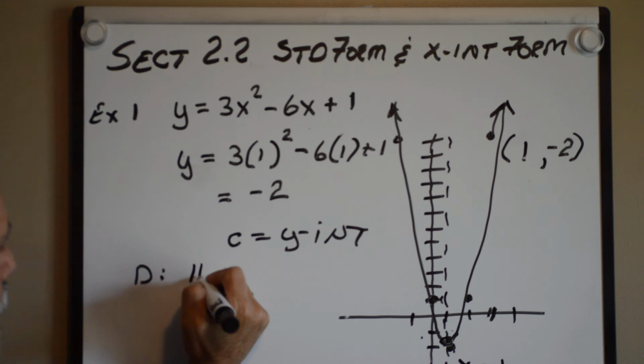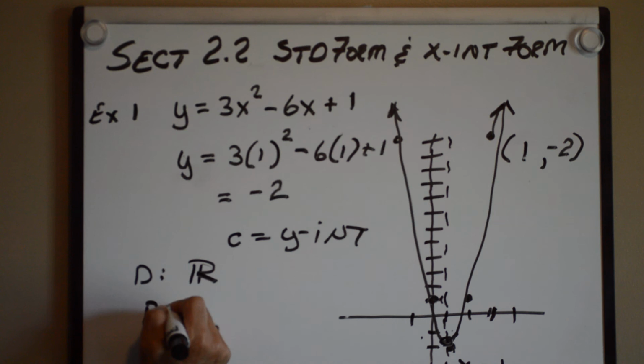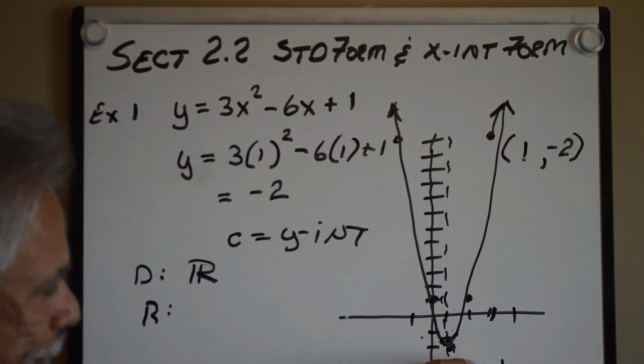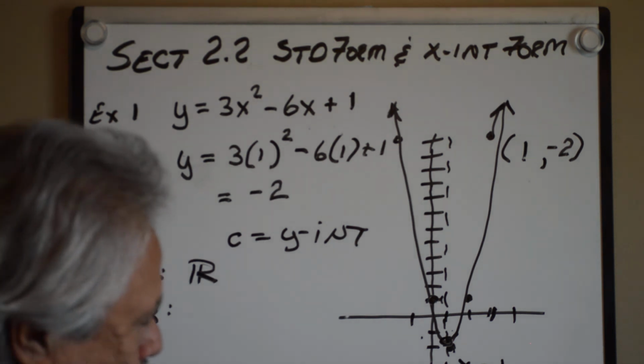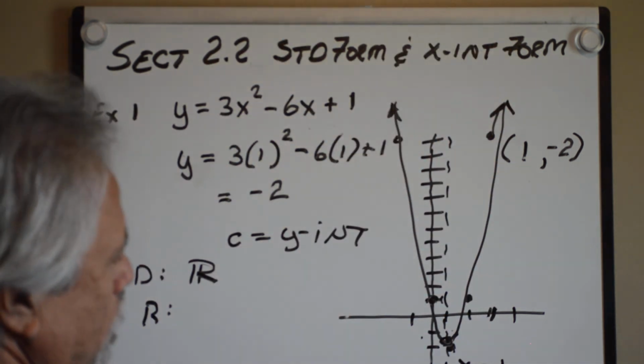So my domain, I use this R for all real numbers, from negative infinity to positive infinity. My range, however, only starts at negative 2. It does not have a negative 5, negative 10, nothing else. It starts at negative 2, then it goes on forever.